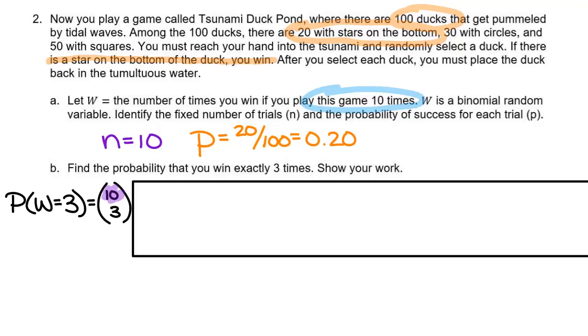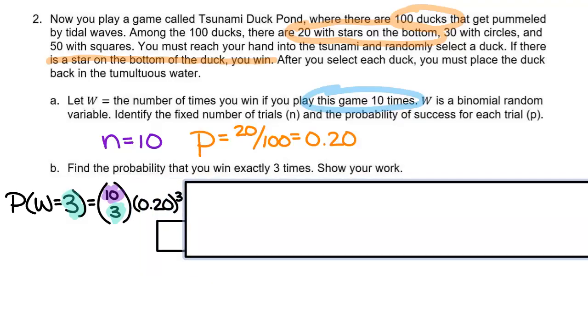Yes, that's our number of trials. What does the 3 on the bottom represent? Success? Yes, that's our probability of success. So this right here tells me all the possible ways we could take 10 shots and get exactly 3 in.